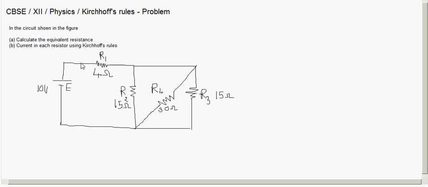The currents are given as I1, I2, I3, and then I4. So first let us find out equivalent resistance. I'll write the solution.